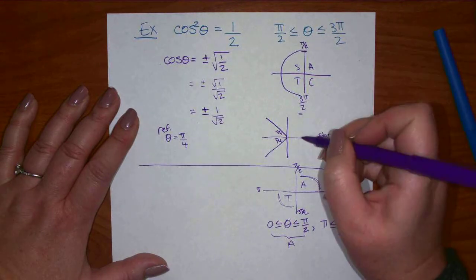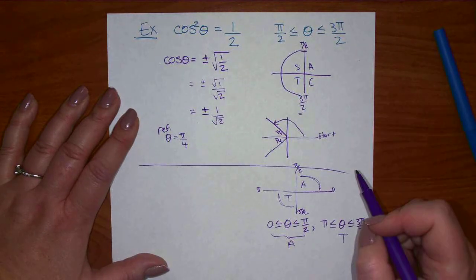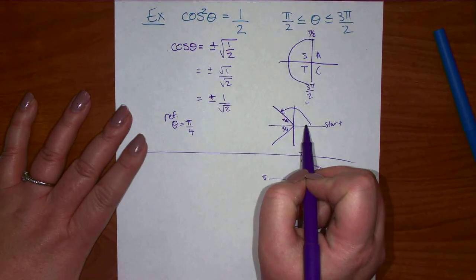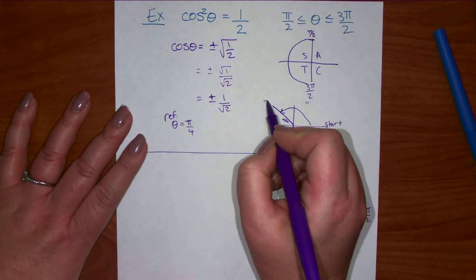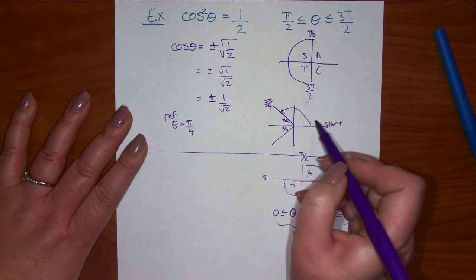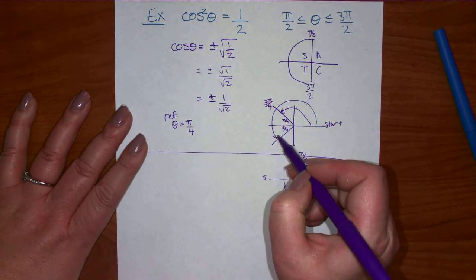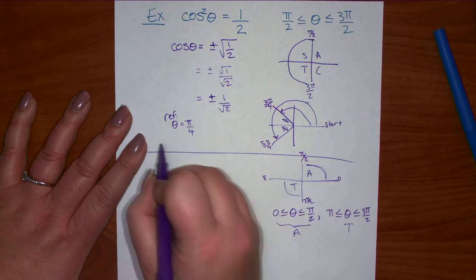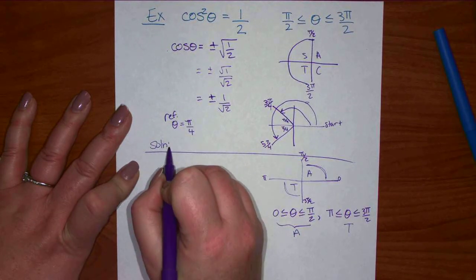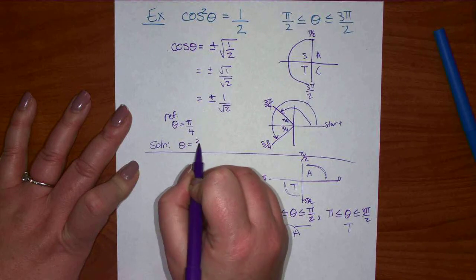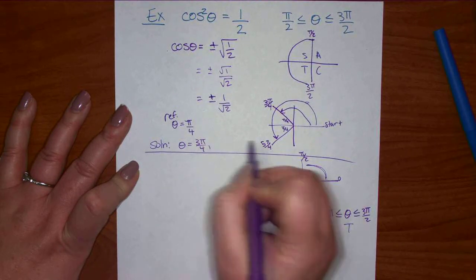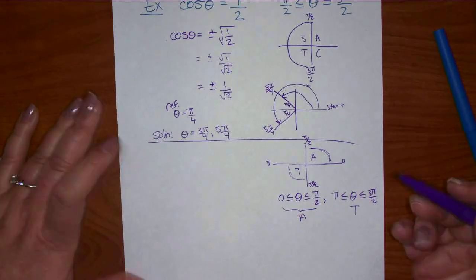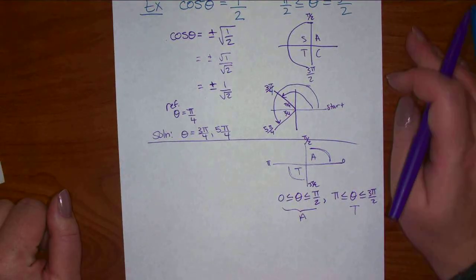So we'll go here, which would be what? Take away 1 pi over 4, so 3 pi over 4. And then the second one, 4 plus 1, 5 pi over 4. And we didn't have to worry about the plus or minus because they're both there, so either answer is fine. Both plus and minus.